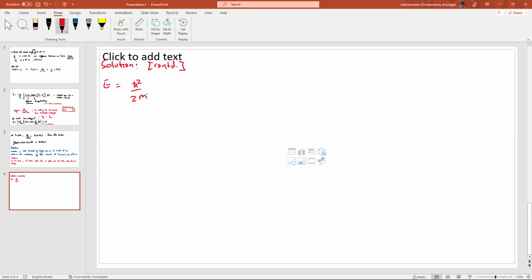I'm assuming the effective mass of the electron is equal to the rest mass of the electron, so I'm not changing that. So we will have essentially kx squared plus ky squared.